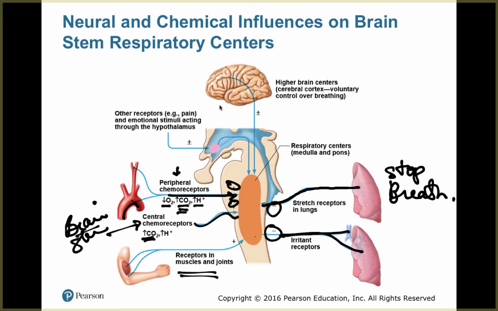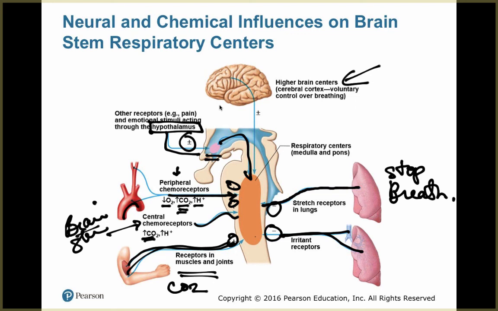And then receptors in the muscle and joints essentially can detect these changes and increase whenever you get more CO2 happening here. Other receptors, pain and emotional stimuli, can either add or subtract from the response, and they do it through the hypothalamus, right? So any of those, and then the hypothalamus will communicate to these respiratory centers, right?